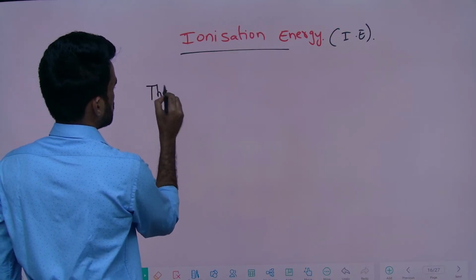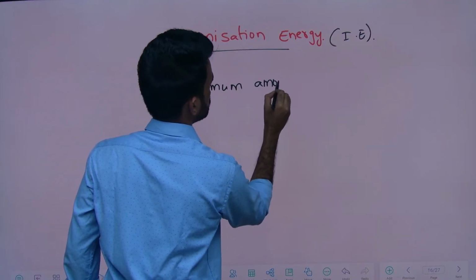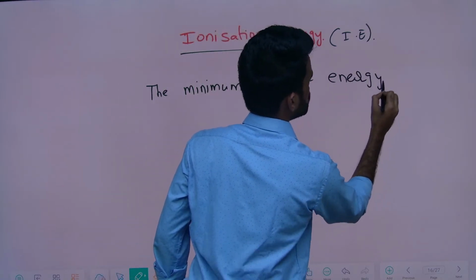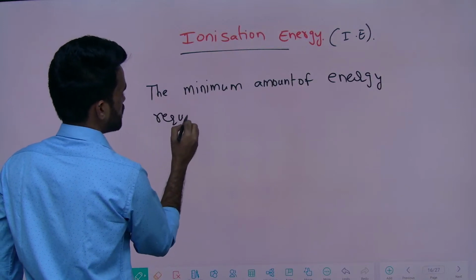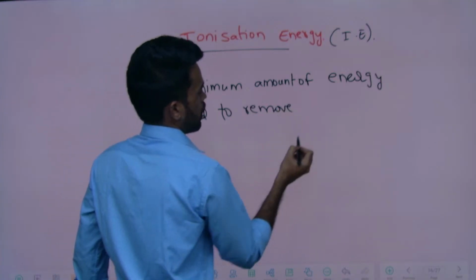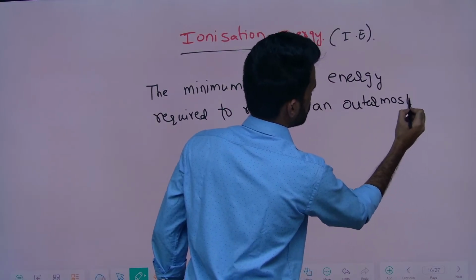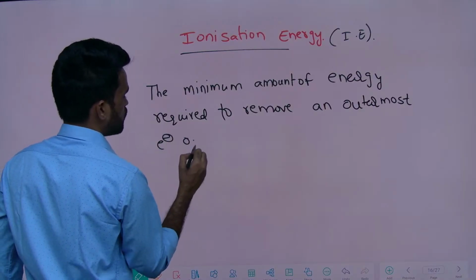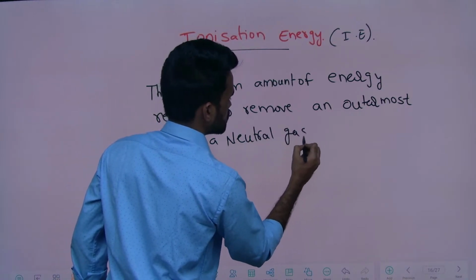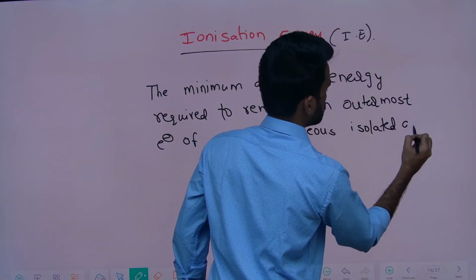The minimum amount of energy required to remove an outermost electron of a neutral gaseous isolated atom.